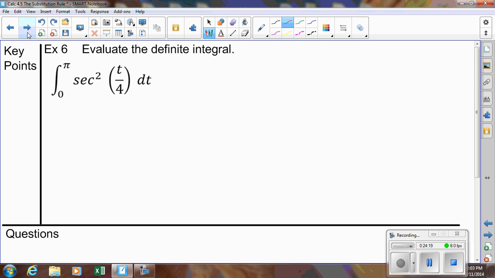Okay, let's evaluate the definite integral. What substitution should we make? u is equal to t over 4, which tells us du dt is 1/4. That would tell us 4 times du is equal to dt.